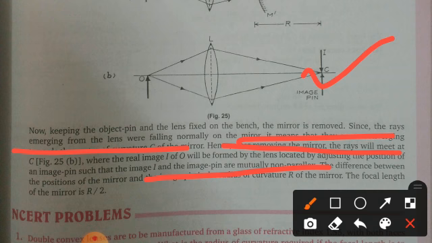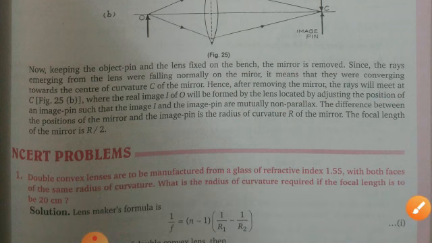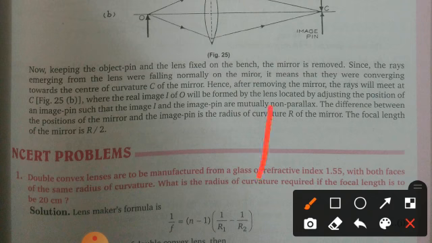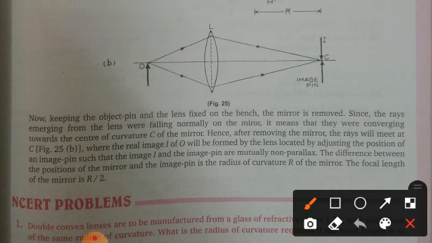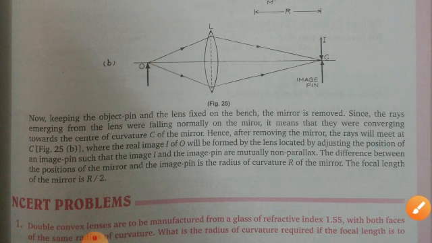The difference between the position of the mirror and the image pin is the radius of curvature of the mirror. The focal length of the mirror is R by 2. This expression we already proved in our previous lecture.